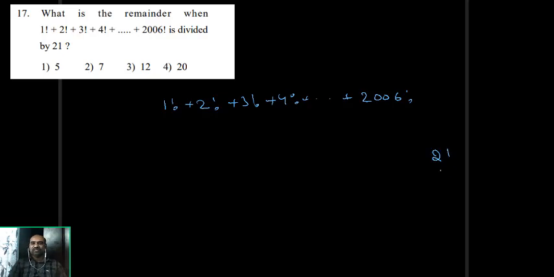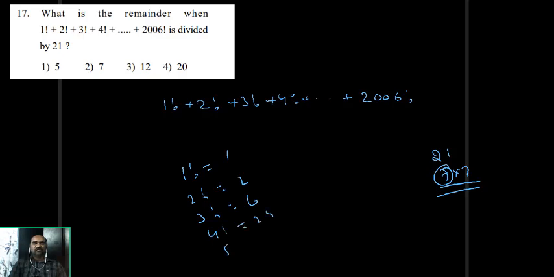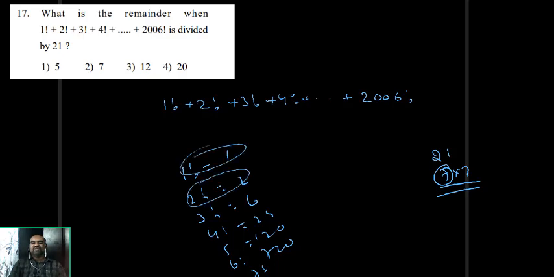Actually, 21 means 7 times 3. From 7 factorial onwards, 7 will appear. 1 factorial is 1, 2 factorial is 2, 3 factorial is 6, 4 factorial is 24, 5 factorial is 120, 6 factorial is 720. 7 factorial onwards will have a 7, so those are not the issue; the earlier ones are not divided by 7.